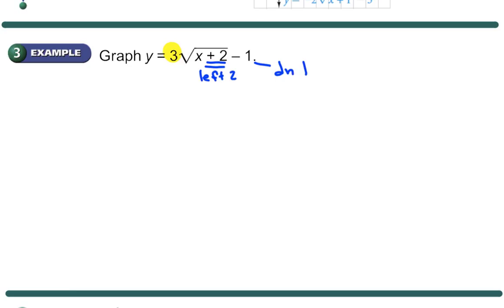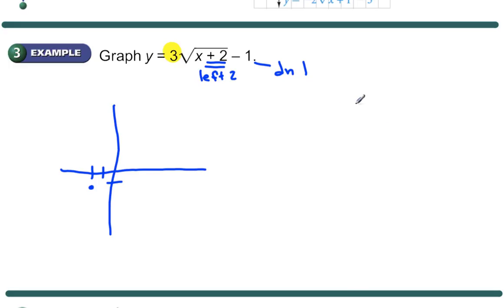So you know that is where the vertex of your radical function is. We go 1, 2, down 1. So we know we're starting here.